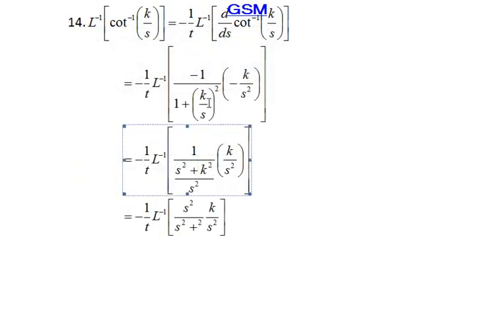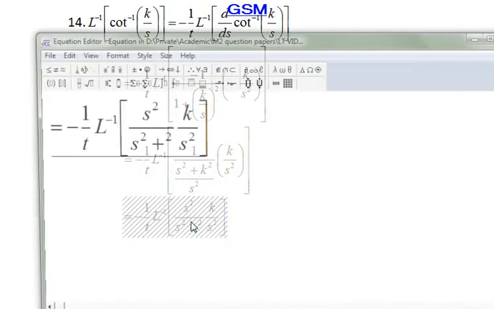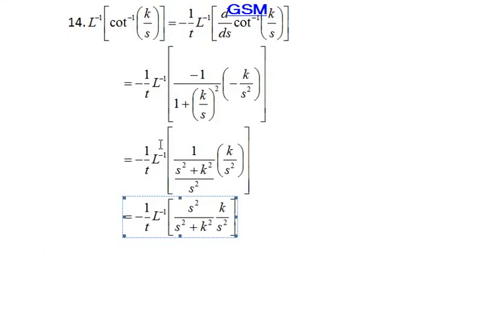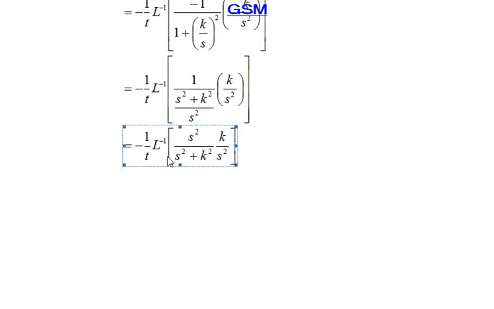Here one mistake is there: the denominator of the denominator comes to the numerator, then s squared will come here. So s squared divided by s squared plus k squared, into k by s squared.